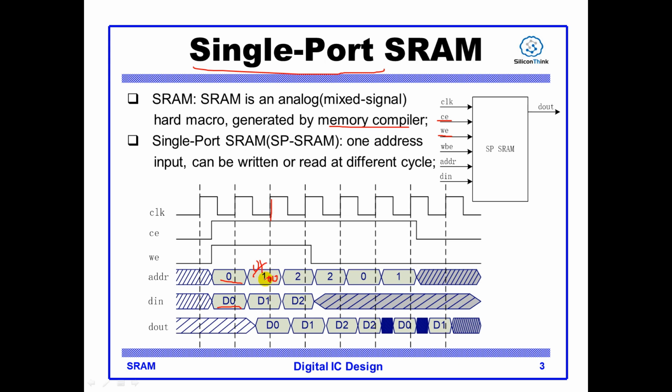If you give 1000, then D1 will be written to 1000. Then you can change to another address, and in this cycle D2 will be written to address 2. The key point here is you have to assert CE and WE high along with address and data in the same cycle.